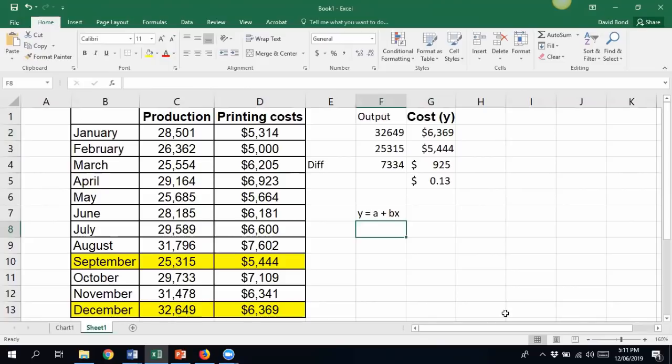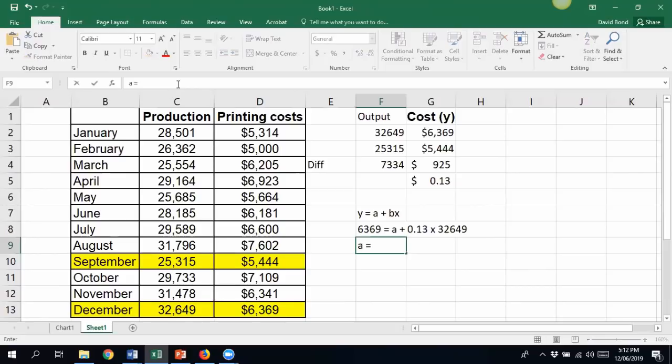And so I'll use the top one. 6,369 equals a plus 13 times, and because we're using the top one, we use this output, 32,649. I'll gap that out a bit so you can see it. So 6369 equals a plus 13 cents times 32649.